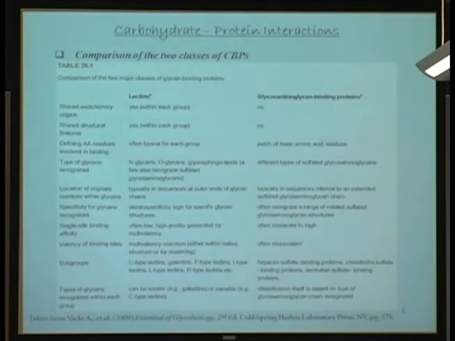In terms of affinity, for the most part, lectins have very low affinity for individual monosaccharides. Individual monosaccharides have very poor affinity, as low as a millimolar. Okay? Yet, they have a mechanism for specific recognition.